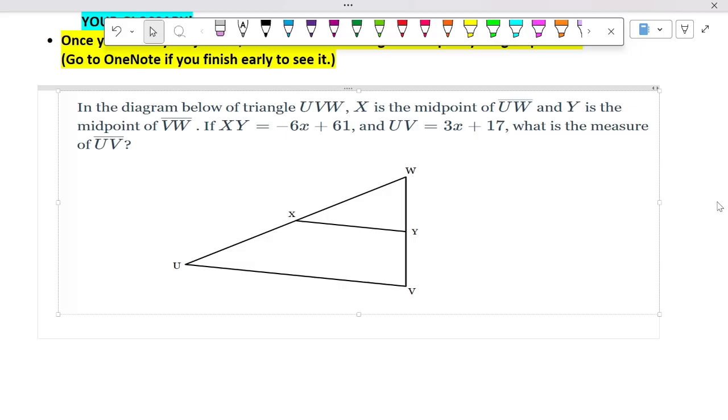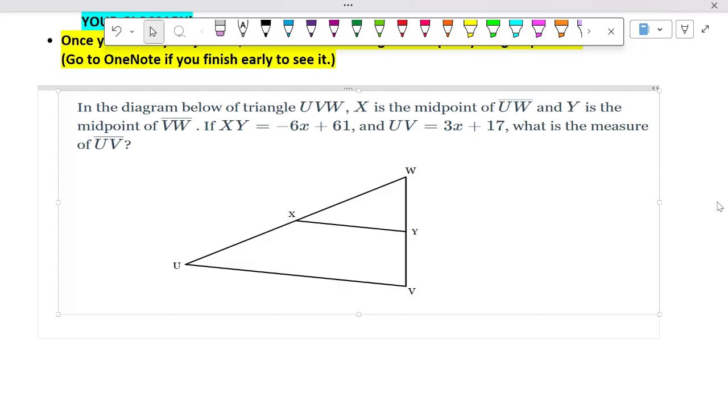All right. So it said that XY is negative 6x plus 61. UV is 3x plus 17. So remember, when you're writing equations, because we have to solve for x first before we can find side UV, remember what I said. You mainly want to use the doubling.